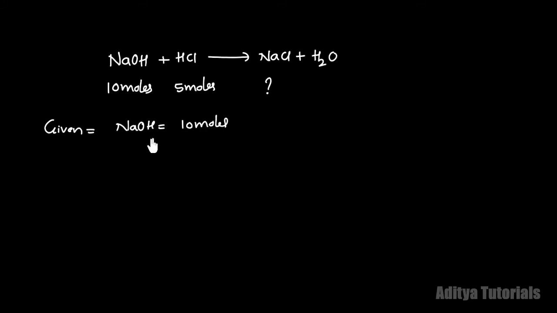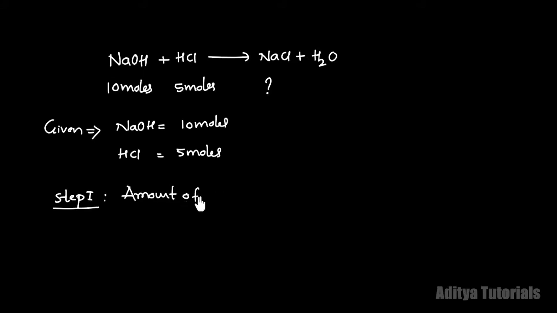This is a process of calculation, students. Now HCl given is 5 moles. Let's see, you have to pick either sodium hydroxide or HCl. So first, step number 1, you have to calculate the amount of HCl required.